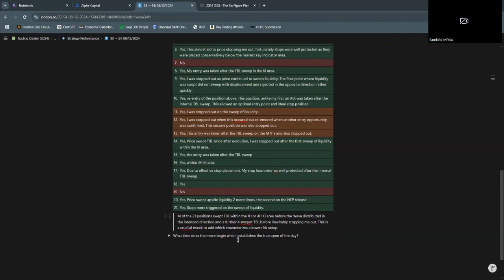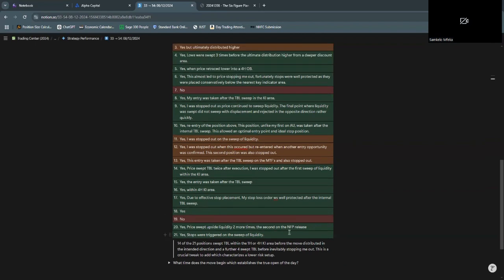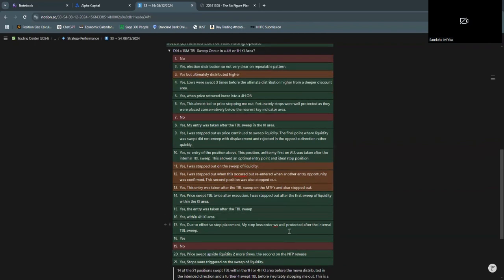before the move distributed in the intended direction, and a further four swept time-based liquidity before inevitably stopping me out. So essentially, there was a larger portion of trades which swept time-based liquidity. Whether it stopped me out or not wasn't what I was focusing on in this case.